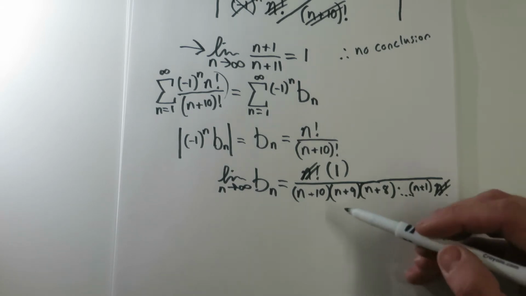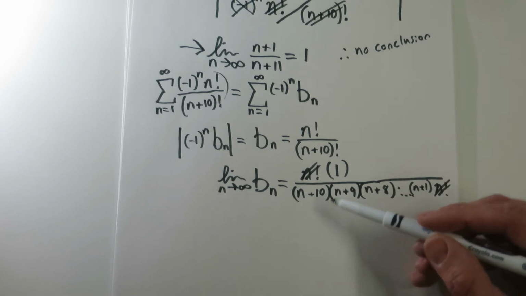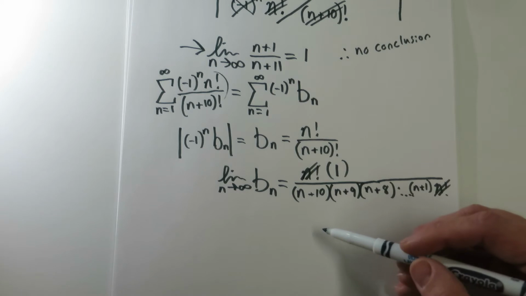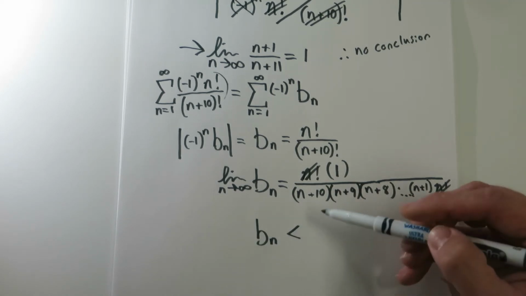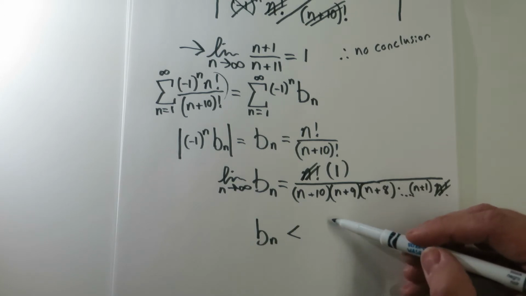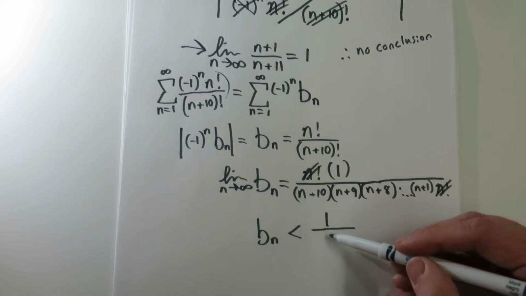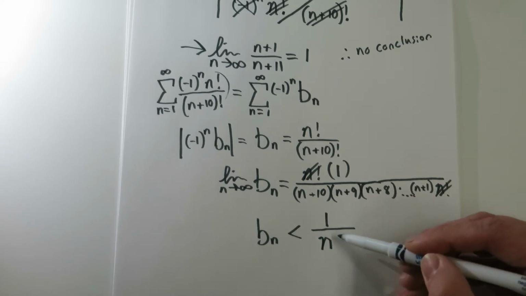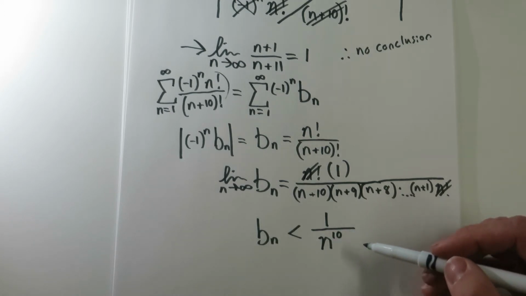Notice that b sub n is going to be smaller than the sum of a sub n that we can build a series on of n to the 10th power.